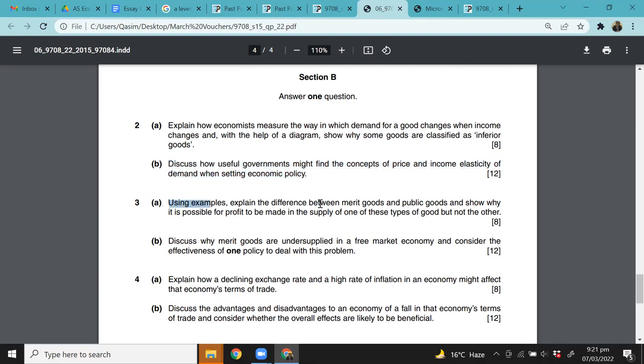Then the second question here says, using examples, explain the difference between merit and public goods and show why it is possible for profit to be made in the supply of one of the types of good, but not the other. Then the B part to the question says, explain why merit goods are undersupplied in a free market economy and consider the effectiveness of one policy to deal with this problem, right?